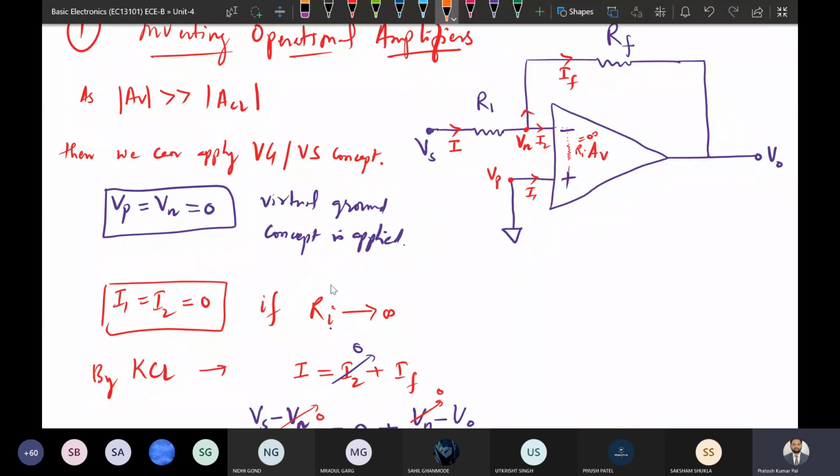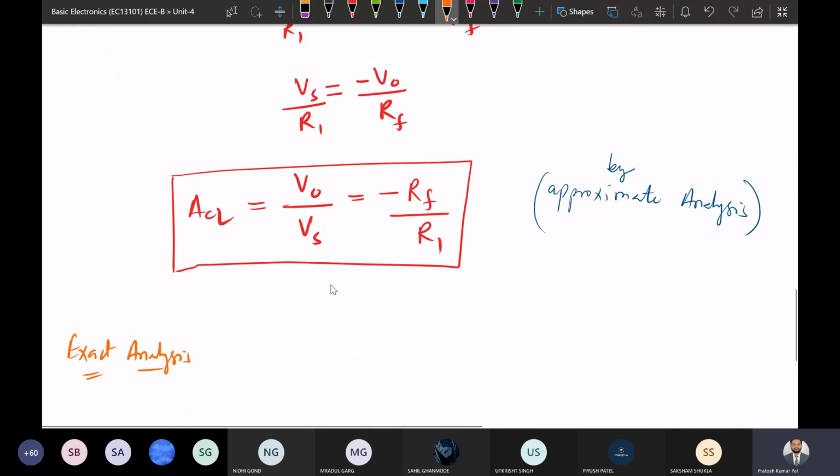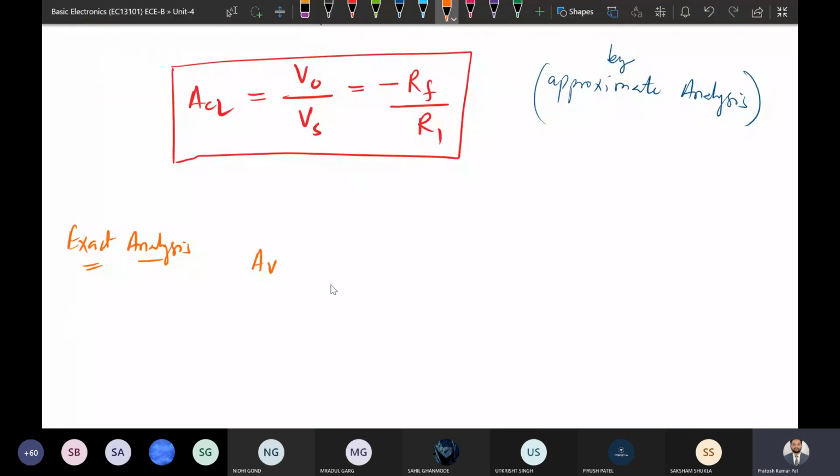So here, the closed loop gain that we are getting was less than the open loop gain, but we are not going to assume this.